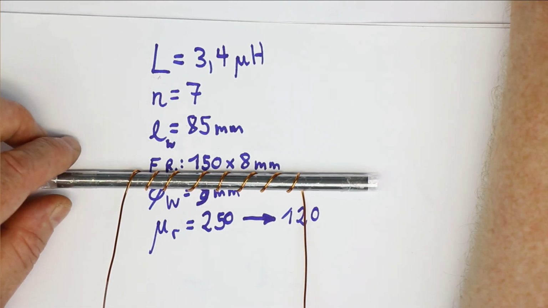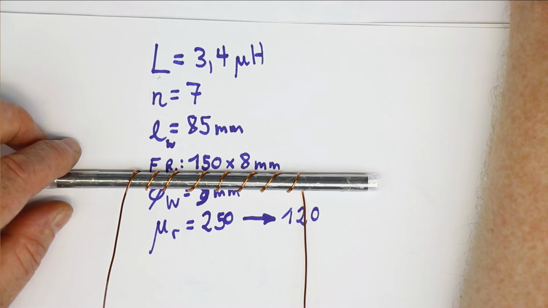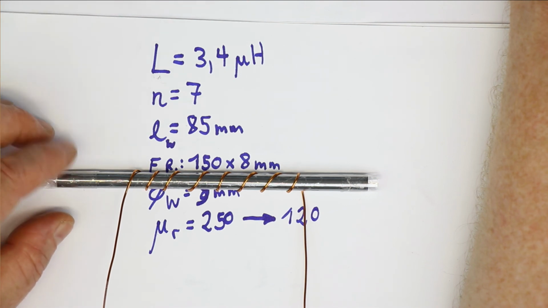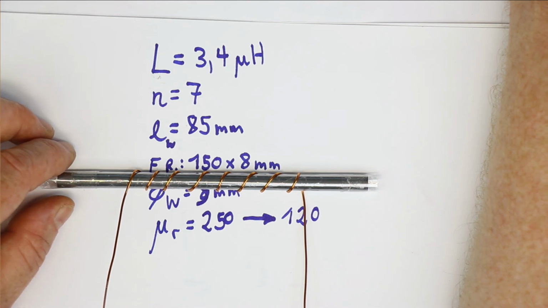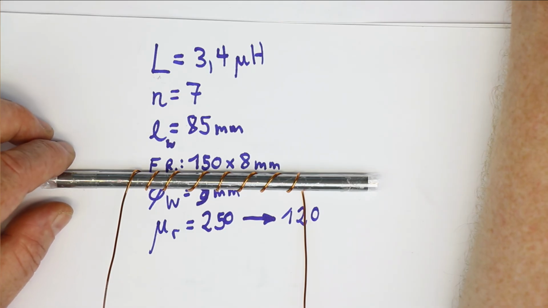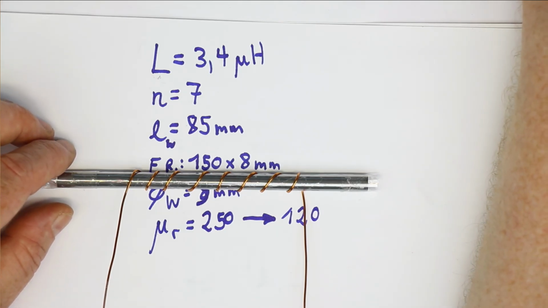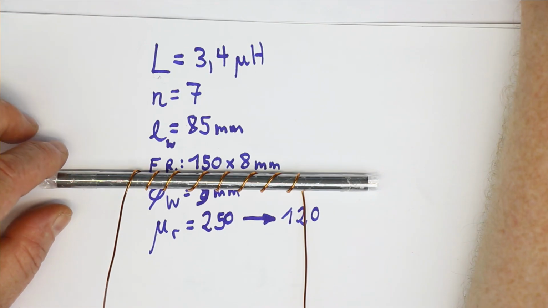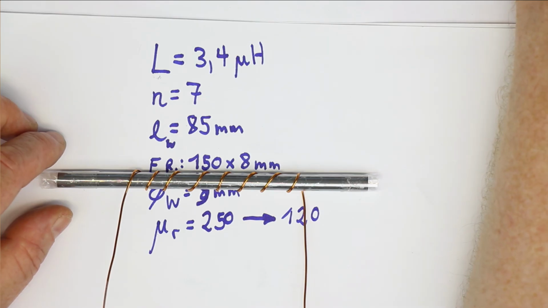Use thick enameled copper wire or magnet wire. Thick means 1 millimeter at least in diameter. Stretch out your windings to not let the proximity effect come into place to ruin your Q factor.